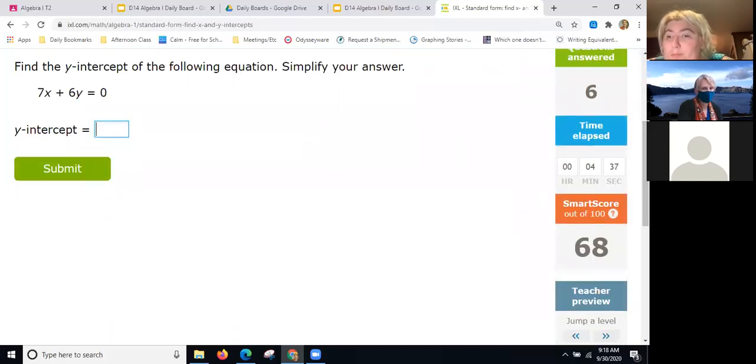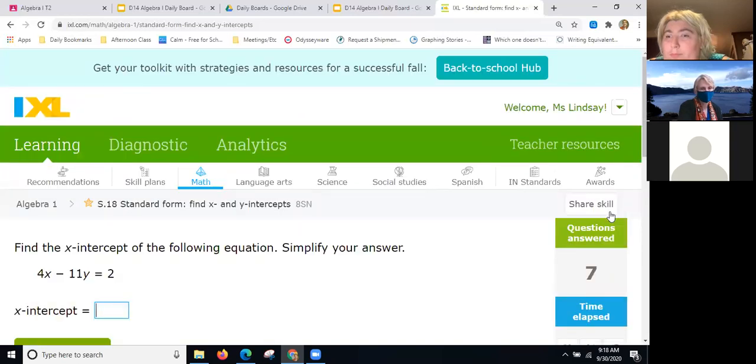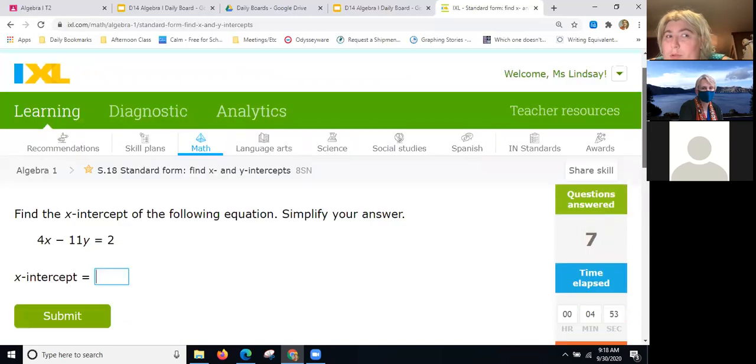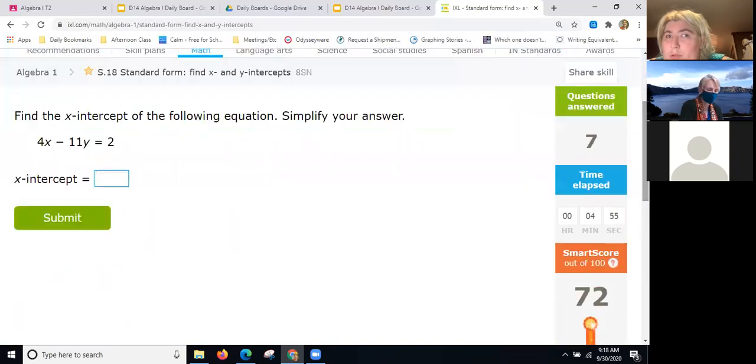So 6y is equal to 0. So then 0 divided by 6, another 0, good. And then this one, I have 2 divided by 4. Now, notice this says simplify your answer.